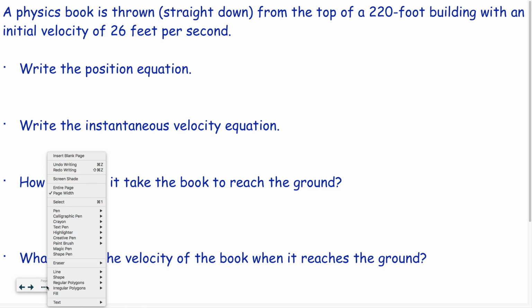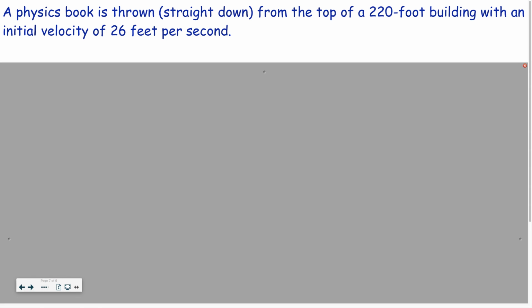Okay, so I feel like you're all really going to appreciate this problem. A physics book is thrown down from the top of a 220-foot building.